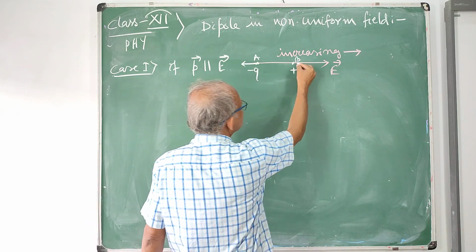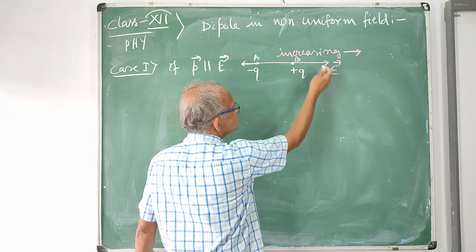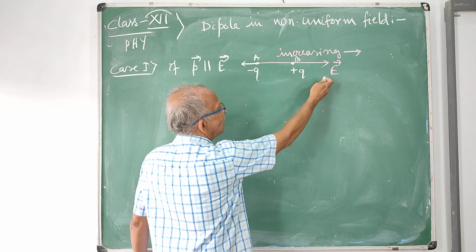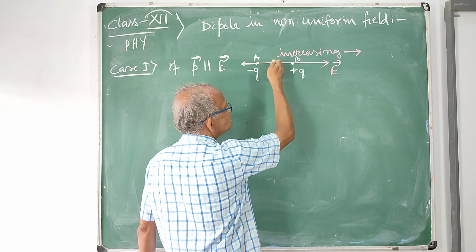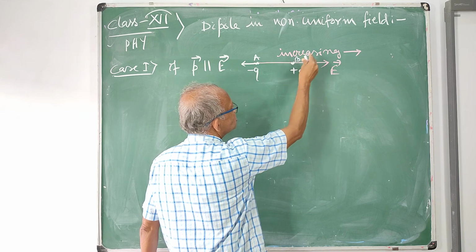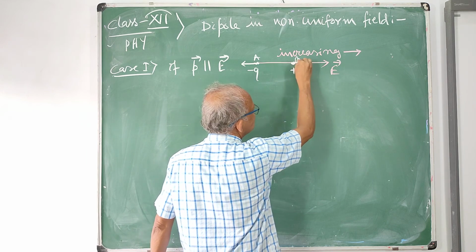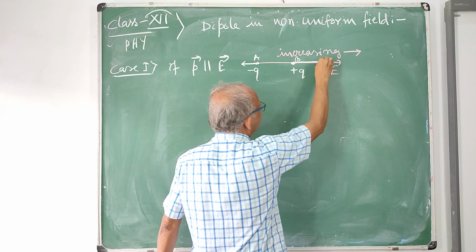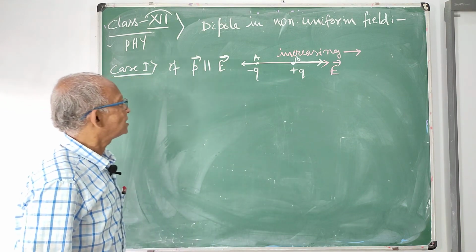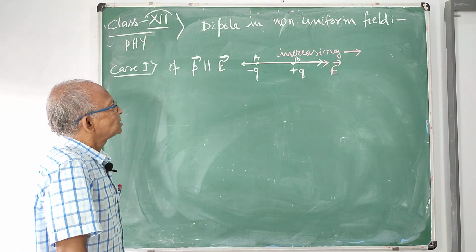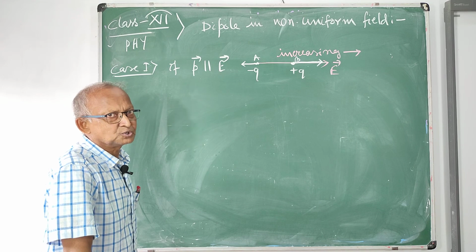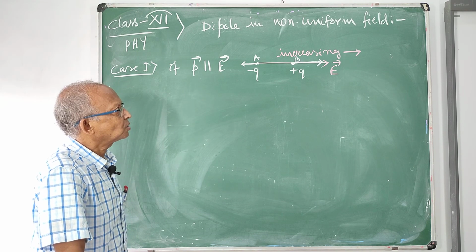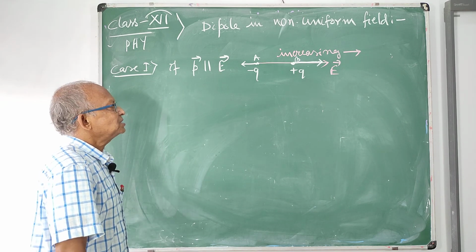And what is force on plus q? This is along E. And as E is increasing rightwards, force on plus q in magnitude will be more than that force on the minus q charge. Okay? So what we see?